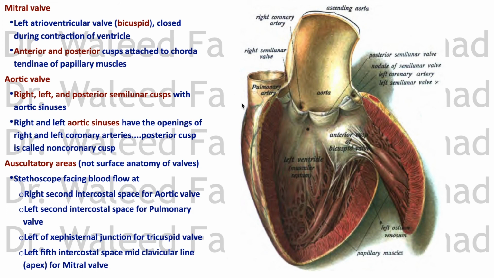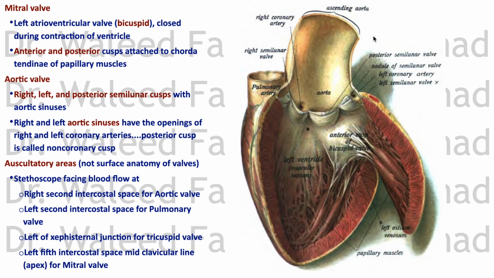If you want to listen to the pulmonary valve, the pulmonary trunk first goes to the left and then divides into pulmonary arteries, so the blood goes this way. So you put the stethoscope against the flow in the left second intercostal space to listen to the pulmonary valve.